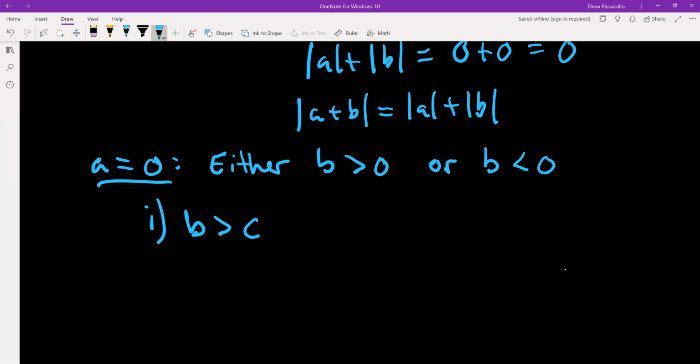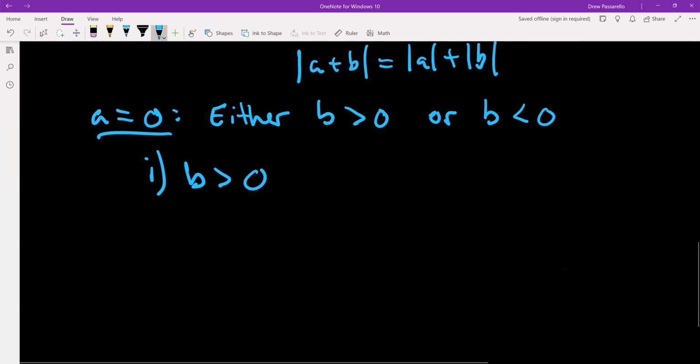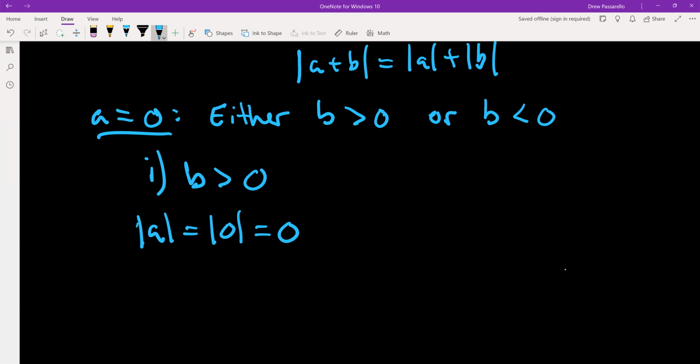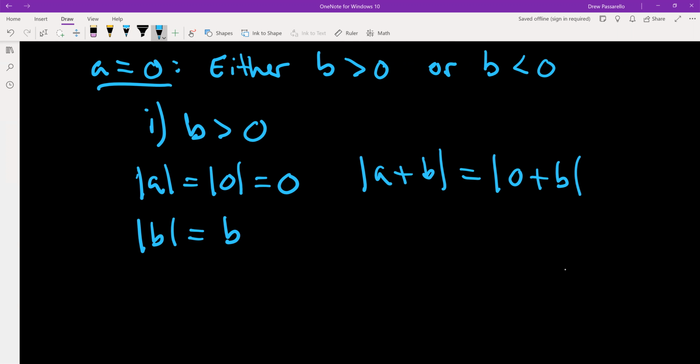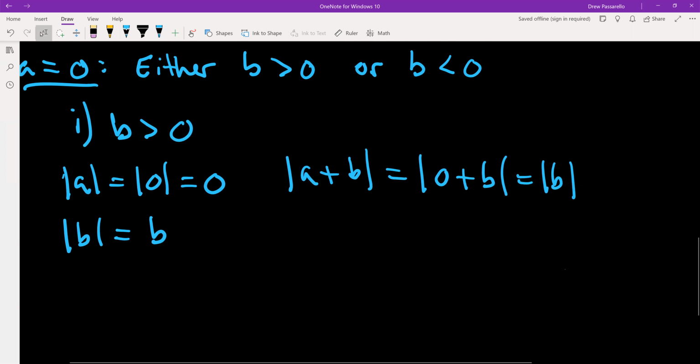We have b greater than 0. So we know the absolute value of a is the absolute value of 0, which is 0. Since b is positive, the absolute value of b is equal to b. Also, when I do a plus b, absolute value of that, that's equal to 0 plus the absolute value of b, which is the absolute value of b, and that is equal to b.